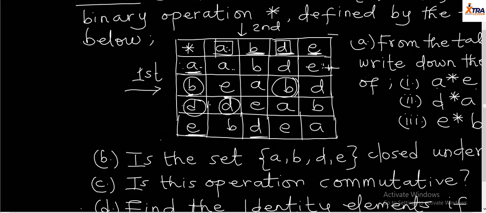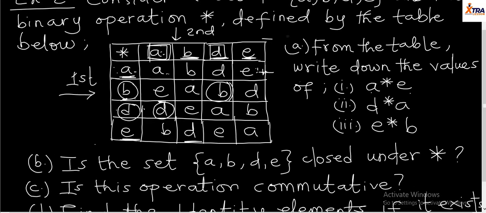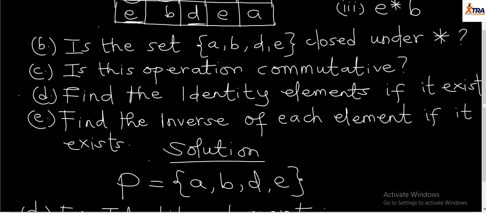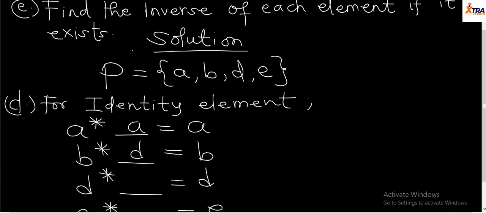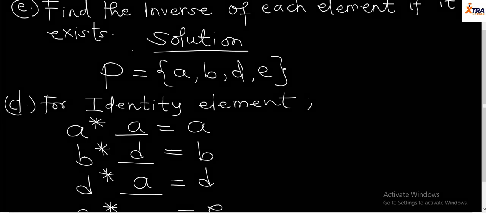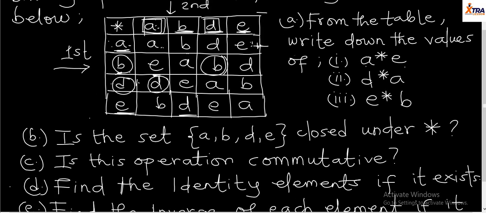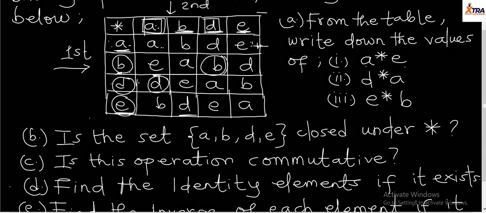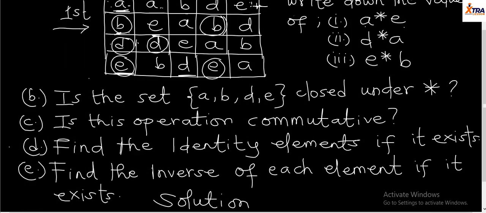The only thing I'll relate with D is A again, which means my identity element for this one is also A. For my E, to get the identity element of E, what am I going to relate with this E on the second axis that will give me E again? It is actually my D again. So my D here will be the identity element for this.